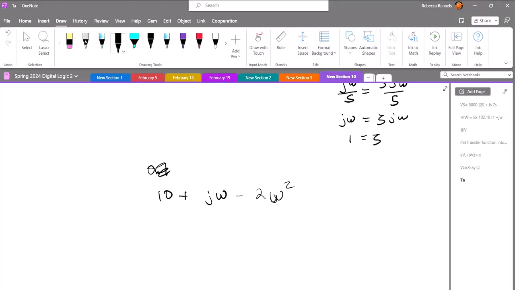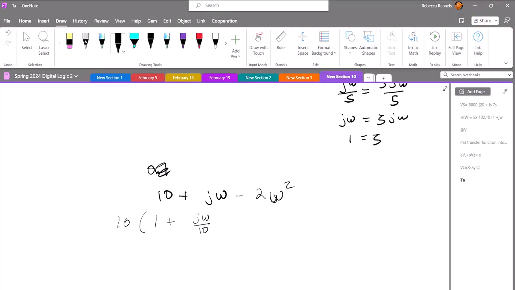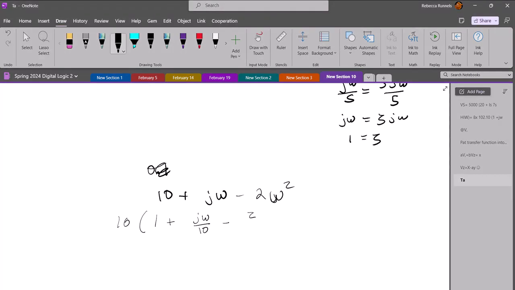Alright, so I need to factor out a 10 because I have to have a 1. That's 1 plus, and now what this will be is j omega over 10 minus 2 omega squared over 10.